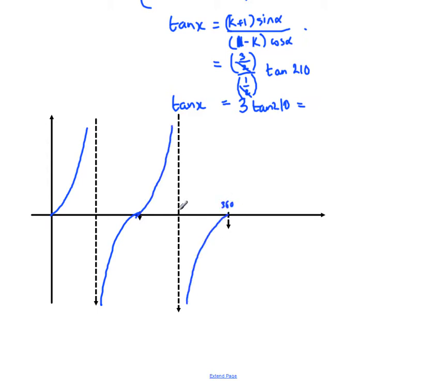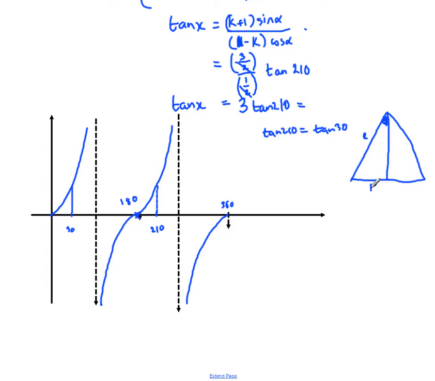where this is 360, this is 180, and 210 is 30 degrees on from 180, which means tan 210 is the same as tan of 30. Tan of 30 is here. And to work out tan 30, I'm going to pull out my special triangle again, which looks like this. 30 degrees is here.